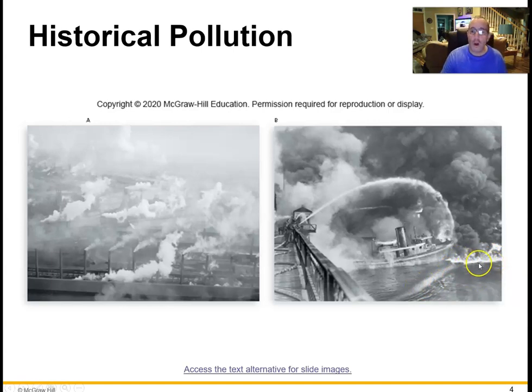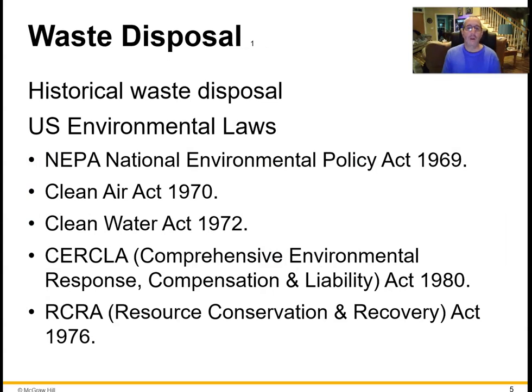The surface of the water had so many chemicals on it that it would burn. So that tells you, even as we started to progress with our society and our culture, we still were very lazy and lackadaisical about these things until it became a really big deal. And people start saying, hey, we've got to do something about this.